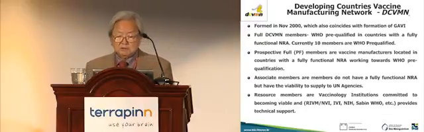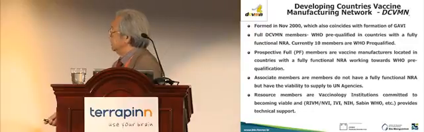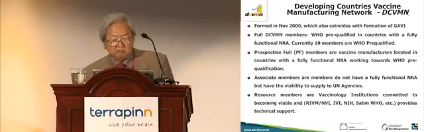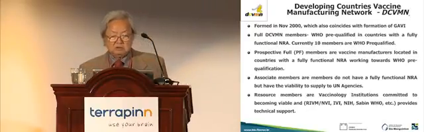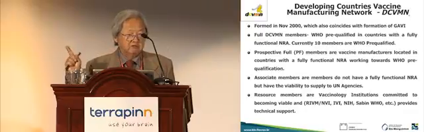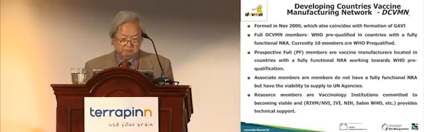Full members are those which are WHO pre-qualified and located in countries with a fully functional national regulatory authority. Currently, we have 10 members which are WHO pre-qualified and supplying vaccine through UNICEF, the Revolving Fund, and WHO.